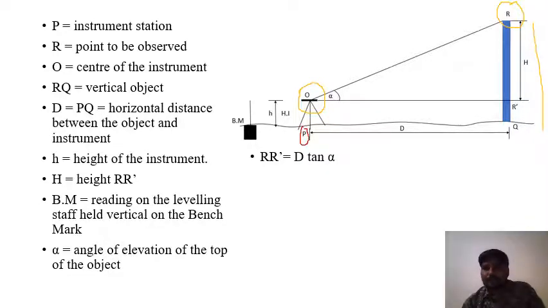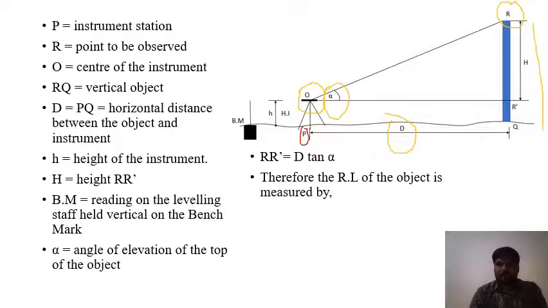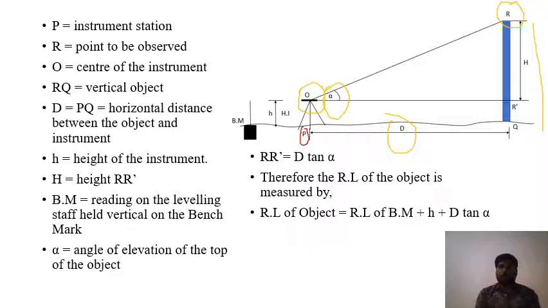Now if we see this side, R', then what are we going to do? With distance D and alpha, RR' is equal to D tan alpha. Therefore, the RL of the object is measured from the RL of the BM. We get the RL of the object from here, the RL of BM.